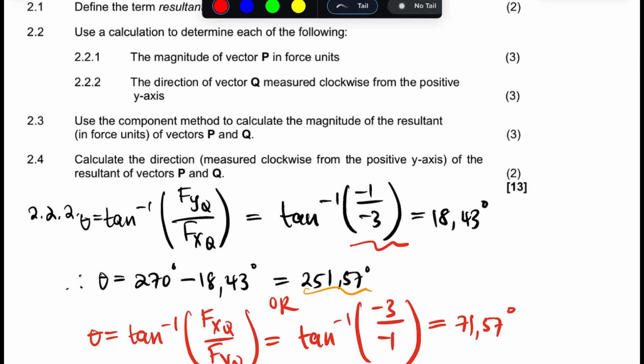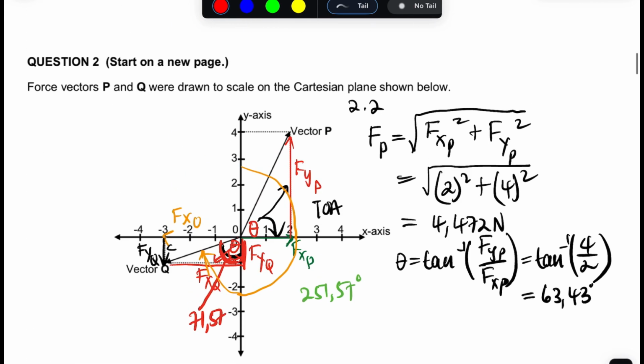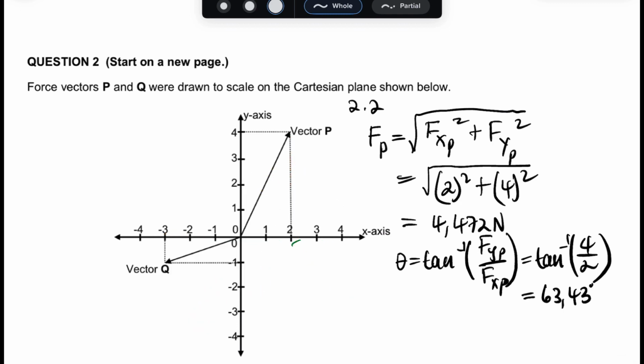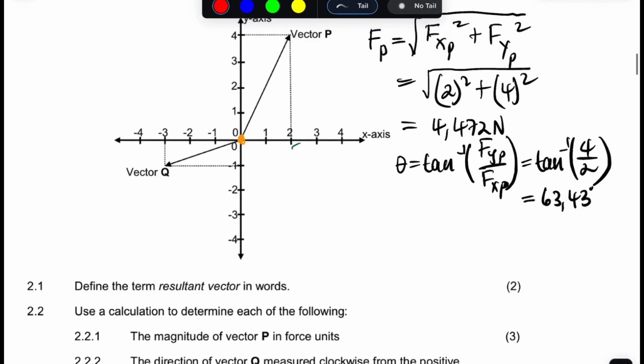Now 2.3, it says use the component method to calculate the magnitude of resultant in force units for vector P and Q. Guys, let me erase all these. So guys, we wanted the resultant of the forces that are acting at this point for both vectors, vector P and vector Q. So how do we do that?